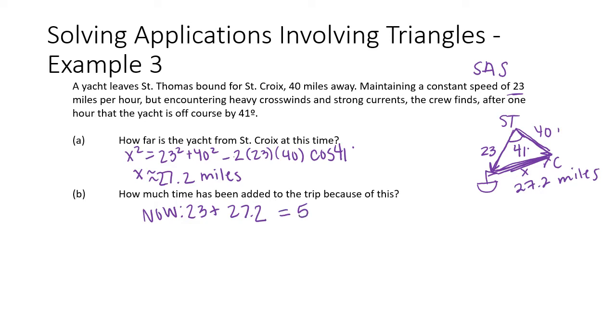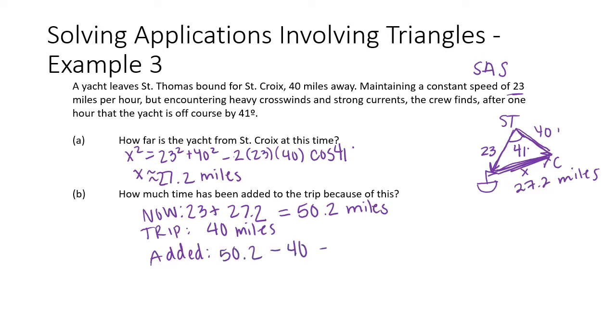They need to go 50.2 miles. The trip was supposed to be 40 miles. So how many miles did that add? They now have to go 50.2 miles. The trip was originally supposed to be 40 miles, so they've added 10.2 miles to their trip.